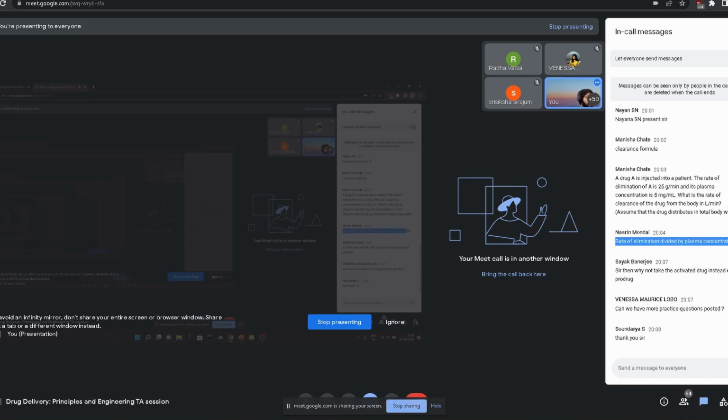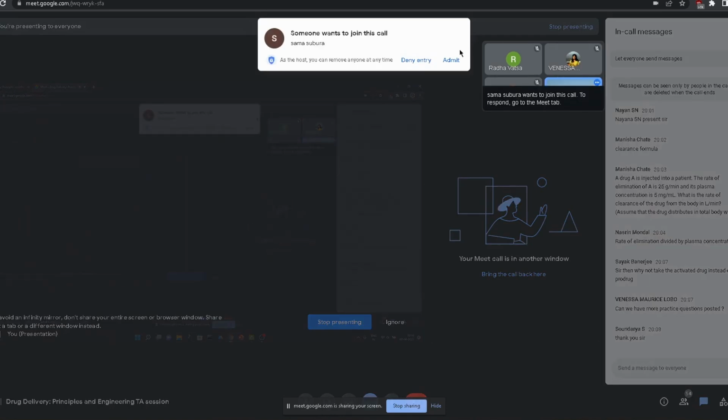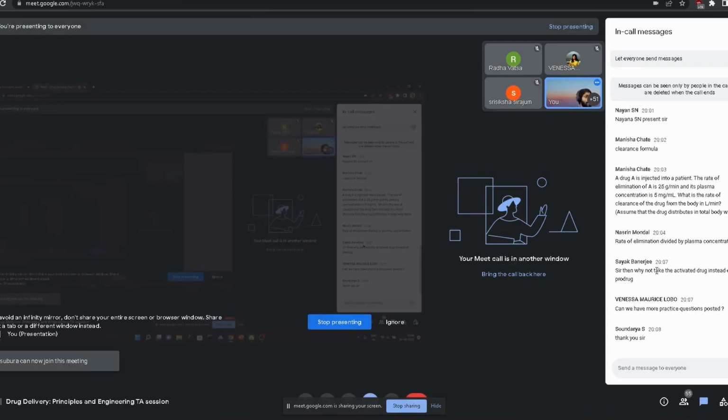Rate of elimination divided by... okay. So then why not take the activated drug instead of a prodrug? Good question. Sometimes the activated drug is very toxic. Like I was saying, rapamycin is very toxic to humans, so you don't want to take the activated drug in that case. Also, people recently have been looking at forming drug depots of prodrug.